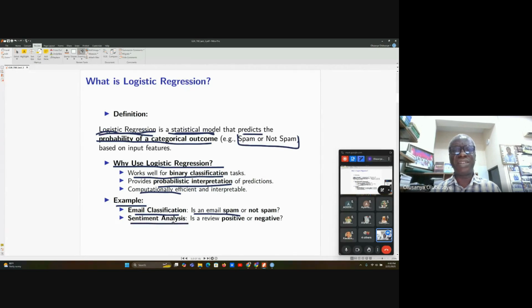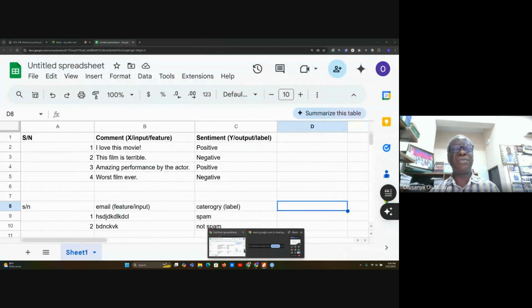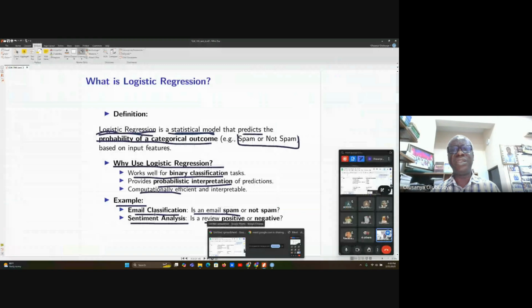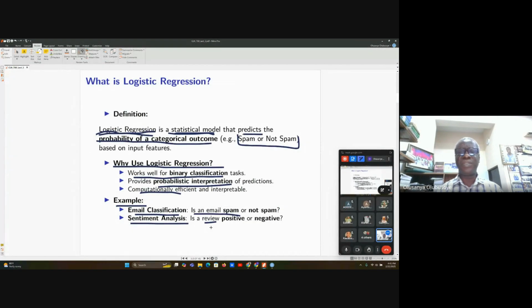You can also be interested in predicting whether a review of a particular film or a particular movie is positive or negative. And there are other areas where this can be applied.